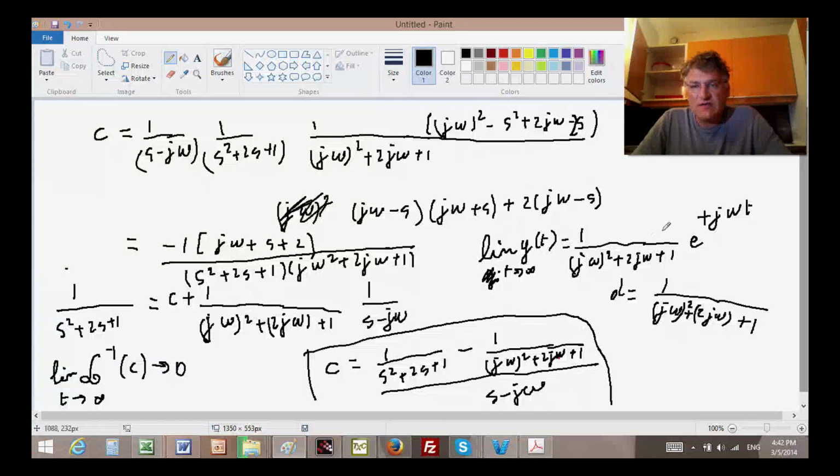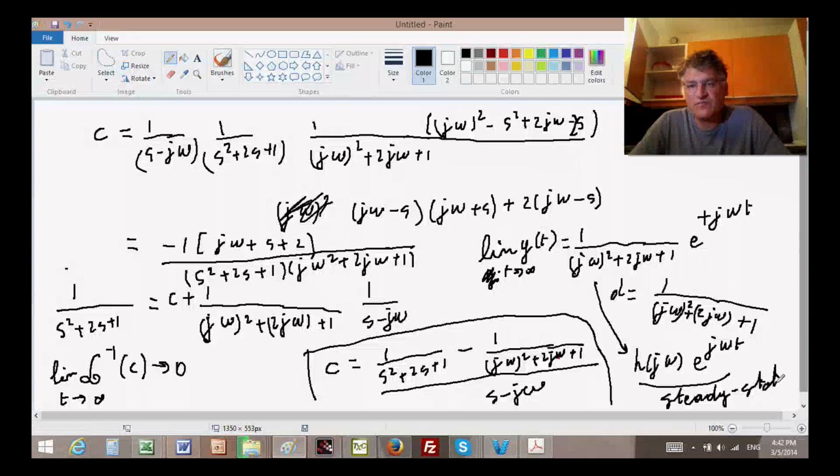So in the limit, that's how it behaves. All right. And so we can rewrite this as h of j omega times e to the j omega t. Okay. And that is the steady state answer. While this term here is called the transient.